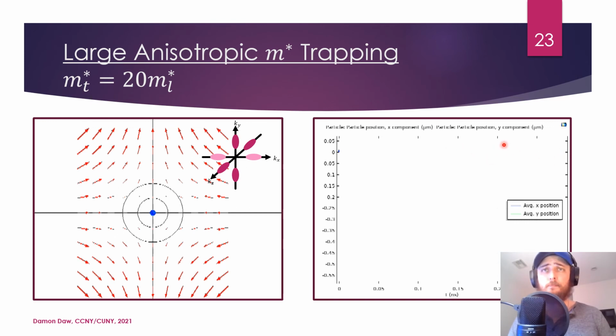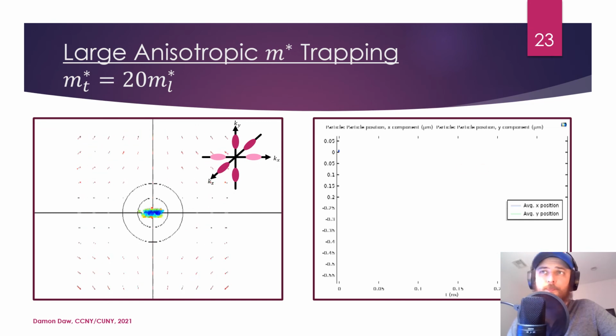This is the motion along the light axis, and this is the motion along the heavy axis. So this is a nice result showing that indeed you can trap carriers that have a very large anisotropy in their effective masses.